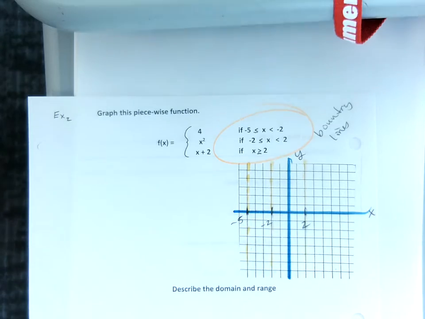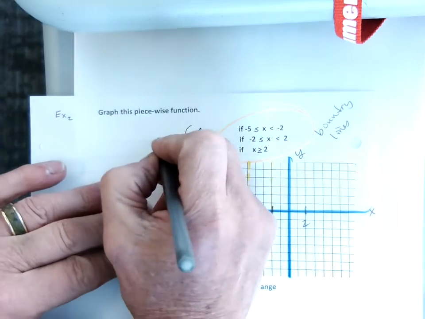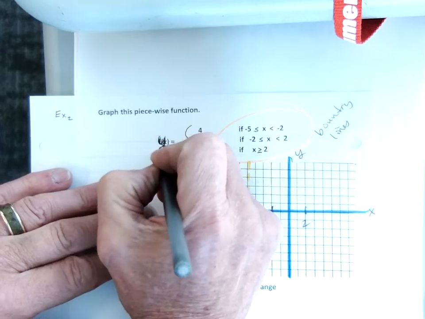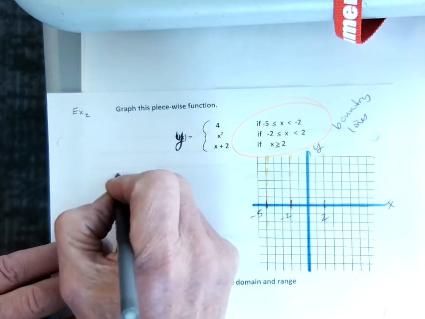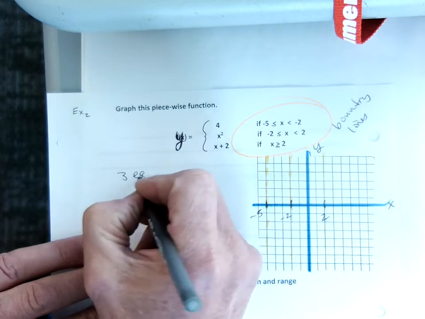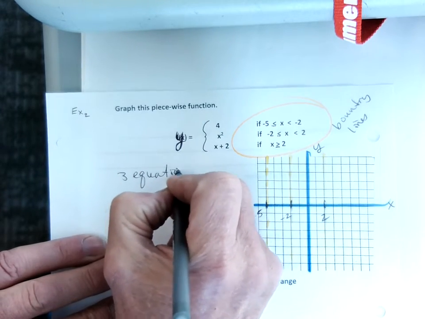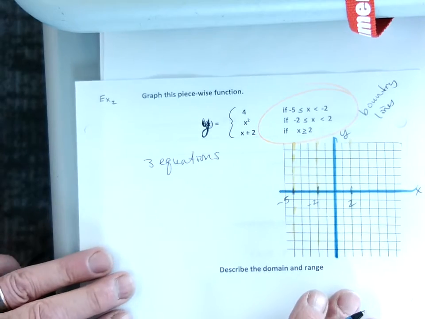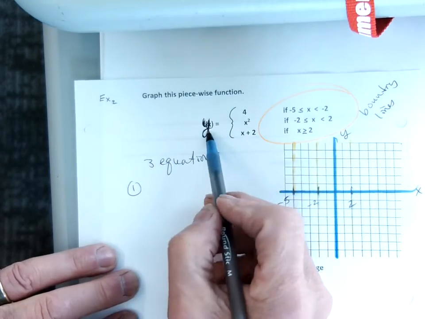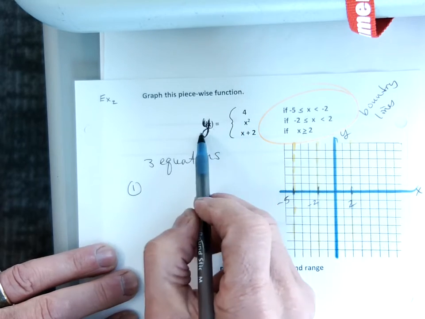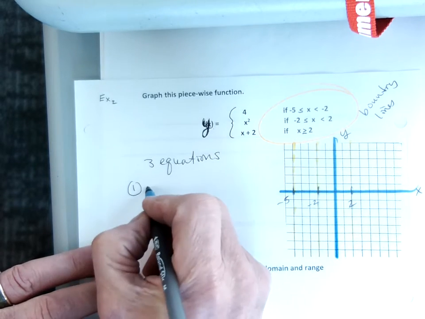So f of x and y are the same thing, except it's specifically a function. So now I have 3 equations, right? My first equation is y equals 4. That's my first equation, y equals 4.